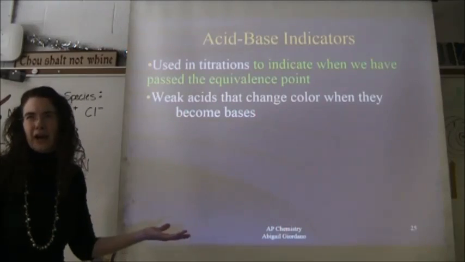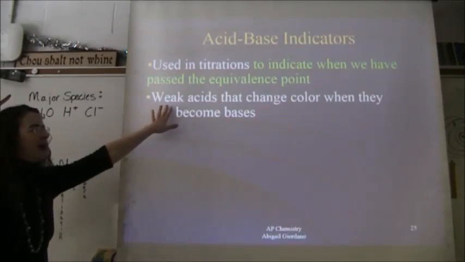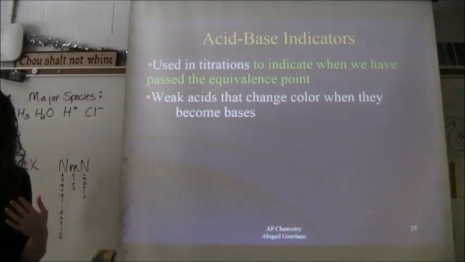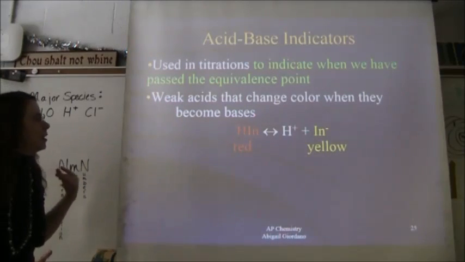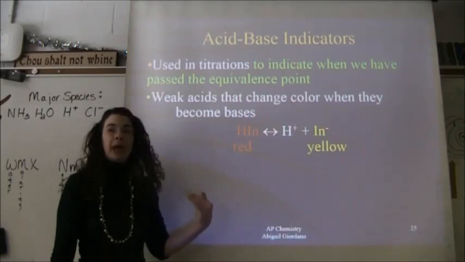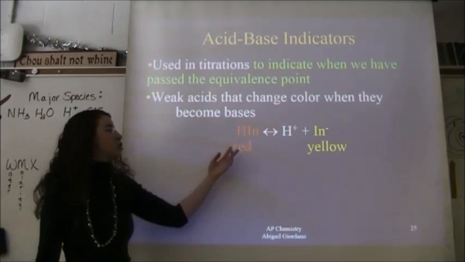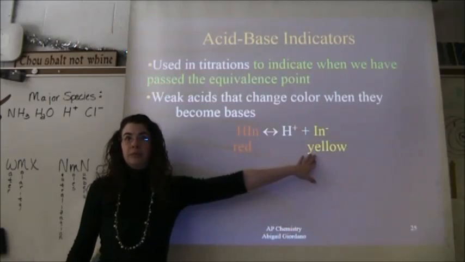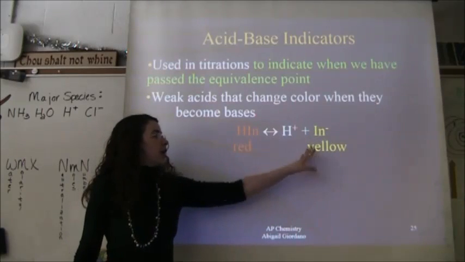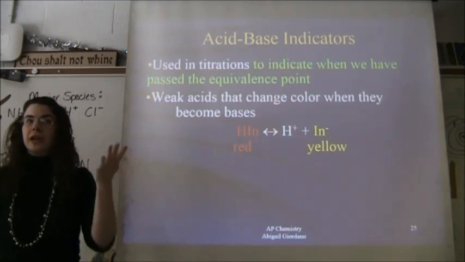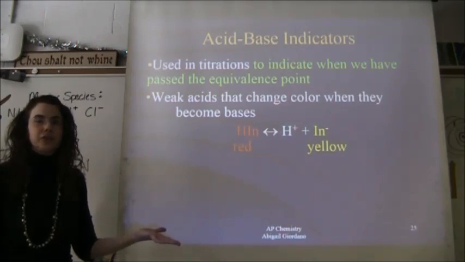We're not adding enough to affect the pH. But here's what else is special about indicators. They are compounds that have color to them, and not just one color, but two. They are compounds that in their two different forms exist in two different colors.